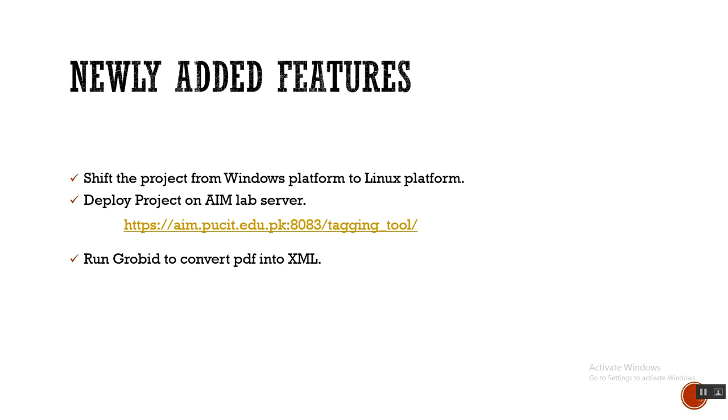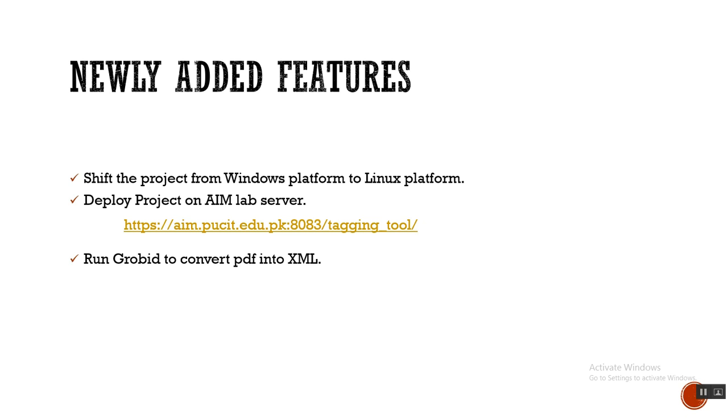As I told earlier that PDF Miner was not working accurately, so we decided to use GROBID. We have successfully run GROBID on the local machines and converted the PDF file into XML file. Here is one important thing to notice, that GROBID gives us output in the form of XML file.